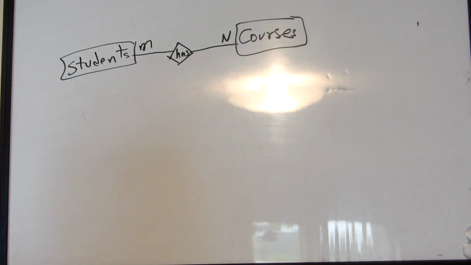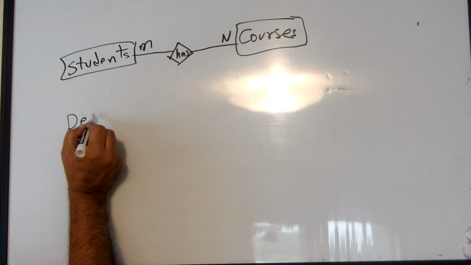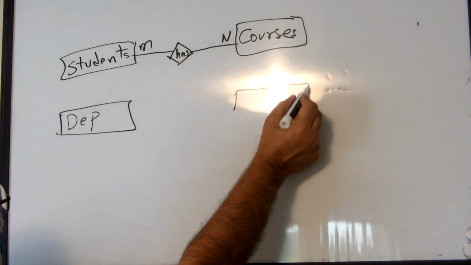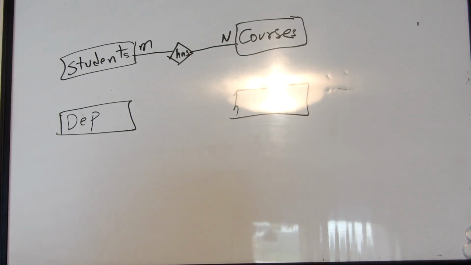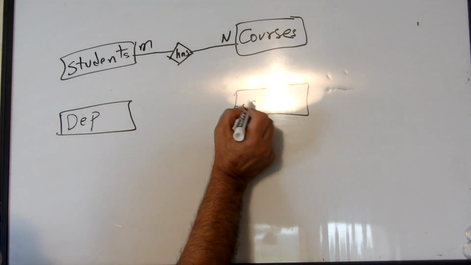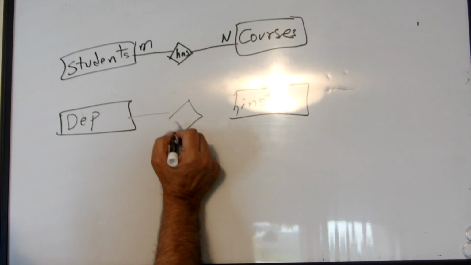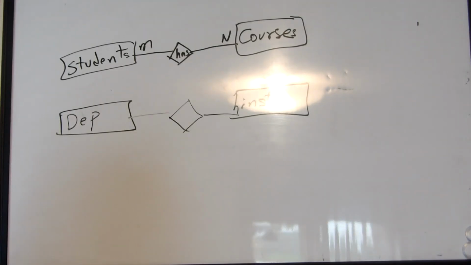Make another example: a department and an instructor. Now let's find the cardinality between these two entities.